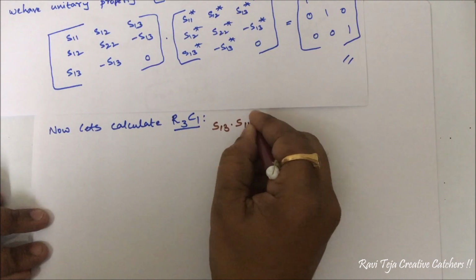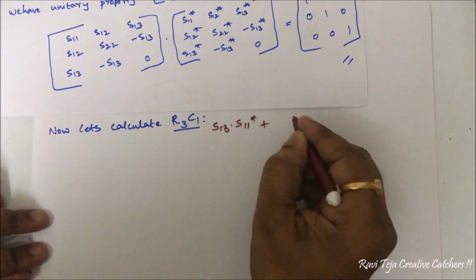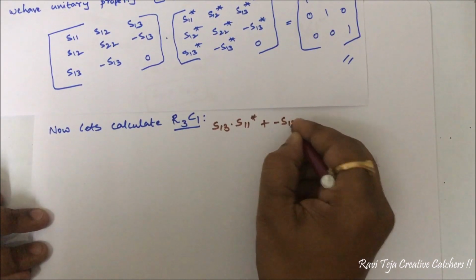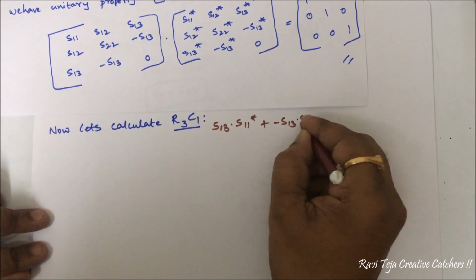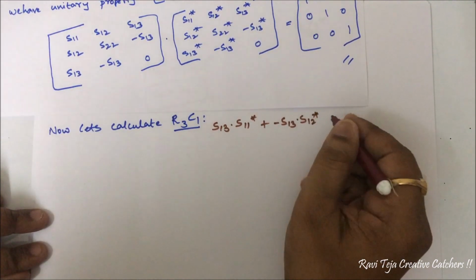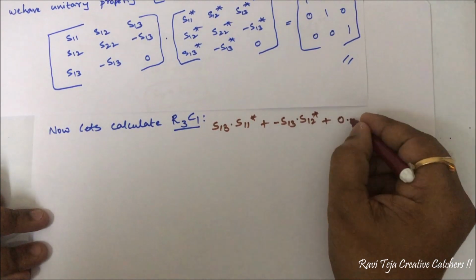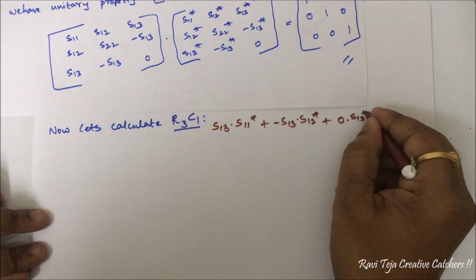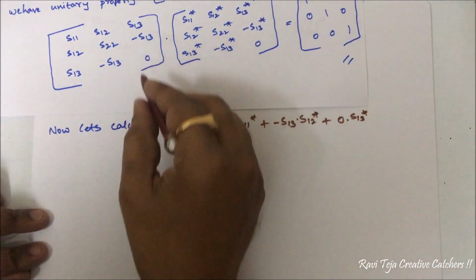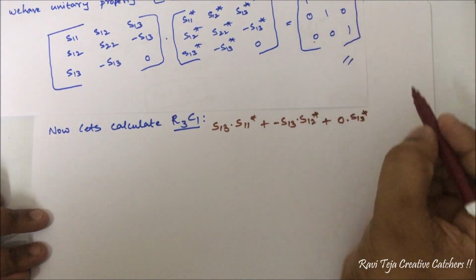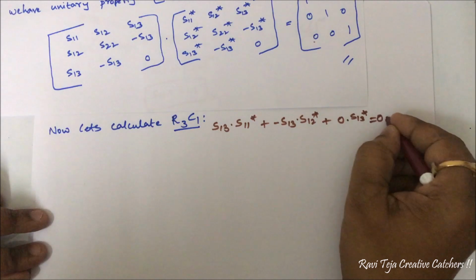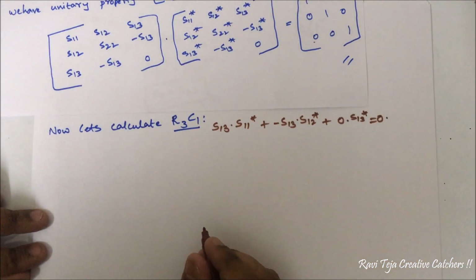S13 into S11* plus minus S13 into S12* plus 0 into S13* is equal to 0, as we are calculating R3 and C1.